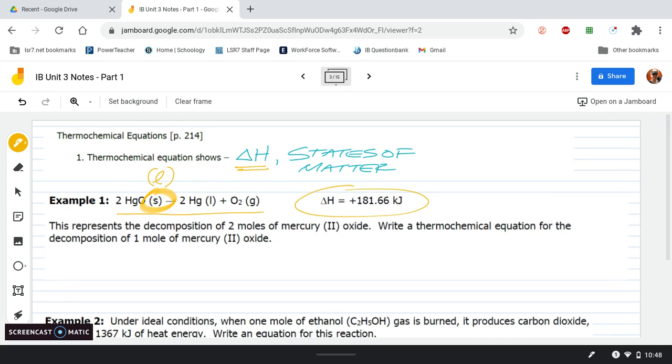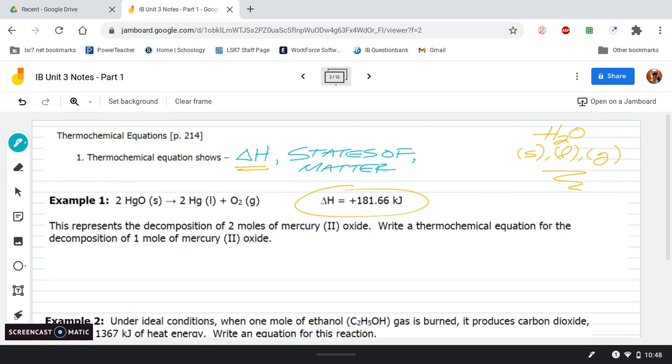So the heat values associated with a solid or a liquid or a gas can be very different. The biggest thing students run into is water, because water can be ice, regular liquid water, or water vapor, and each of those can have different values. So when we're looking at thermochemical equations, states of matter are going to be important.